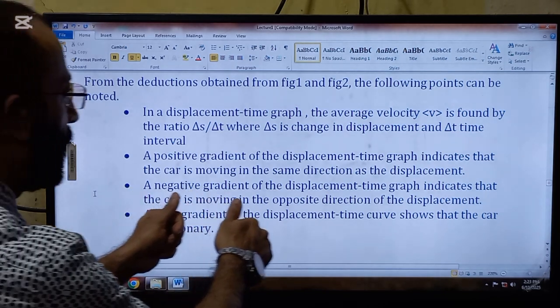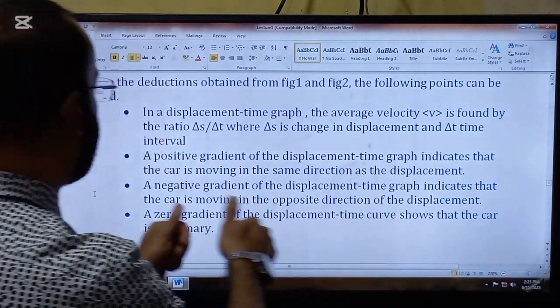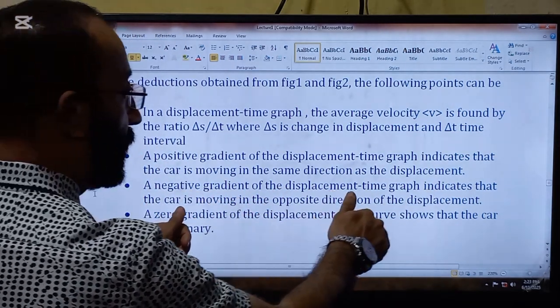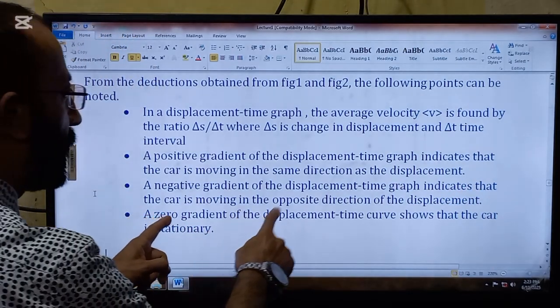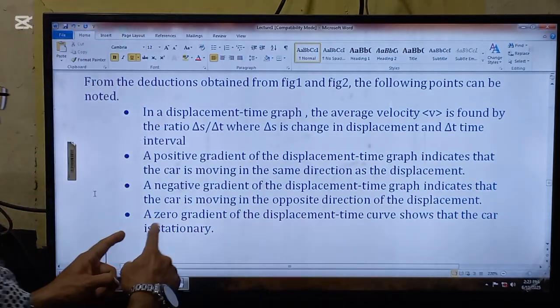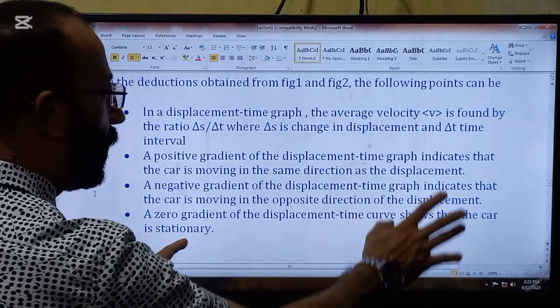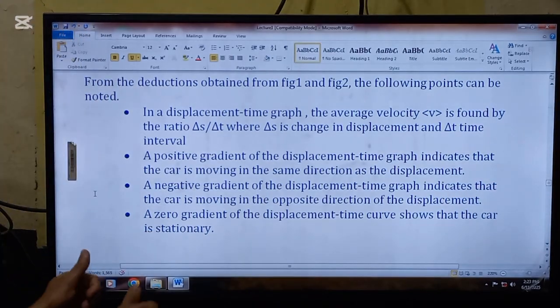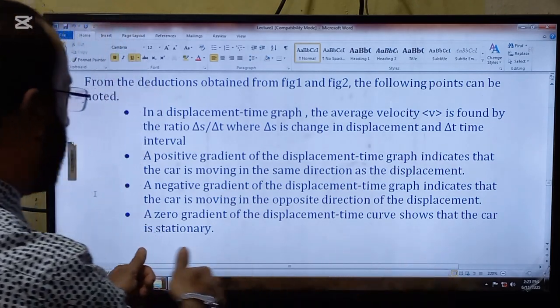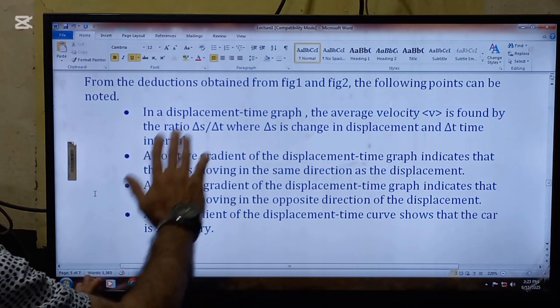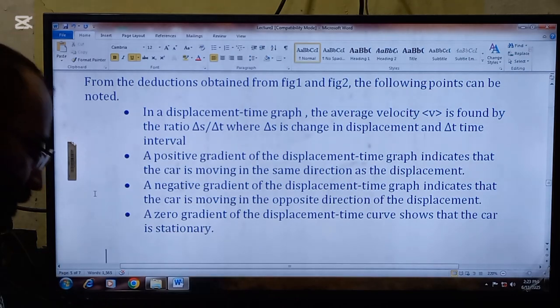A positive gradient of the displacement time graph indicates that the car is moving in the same direction as the displacement. A negative gradient indicates that the car is moving in the opposite direction of the displacement. A zero gradient shows that the car is stationary. So these are the deductions which can be made from the graphs.